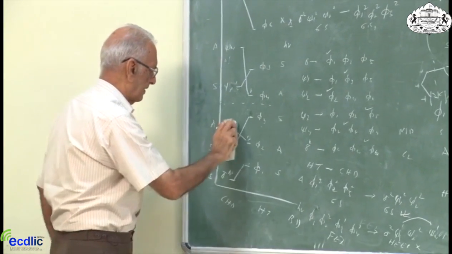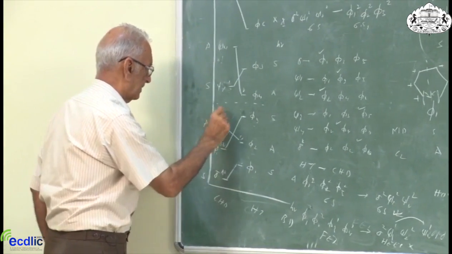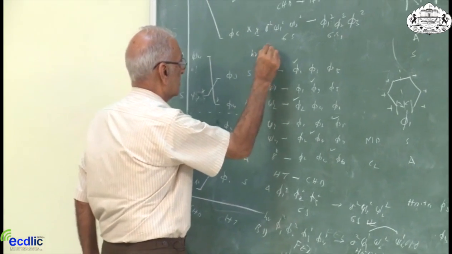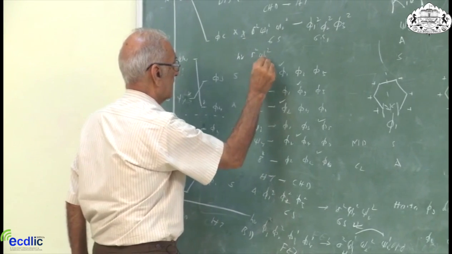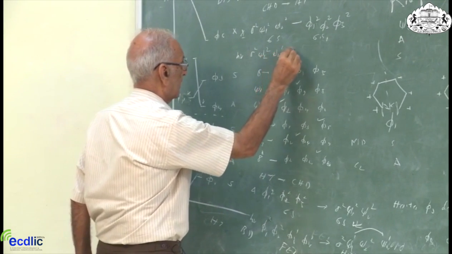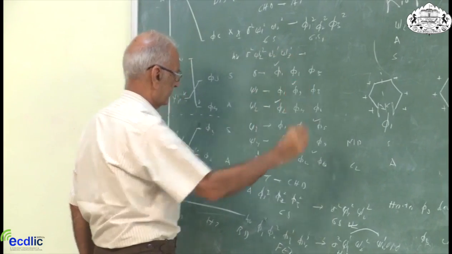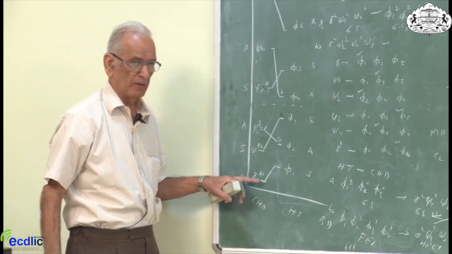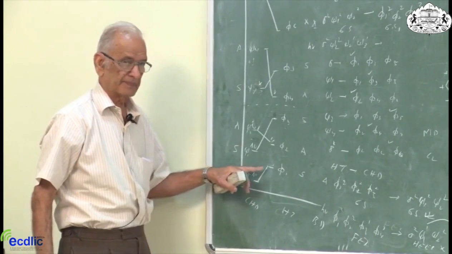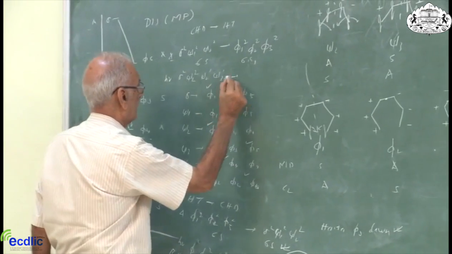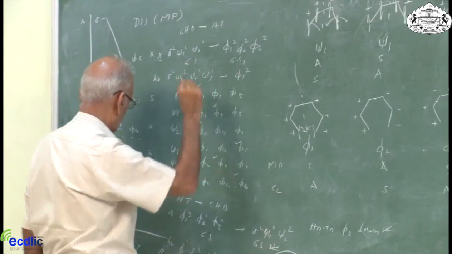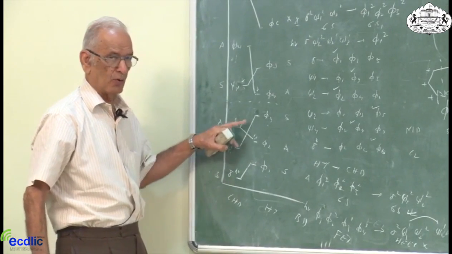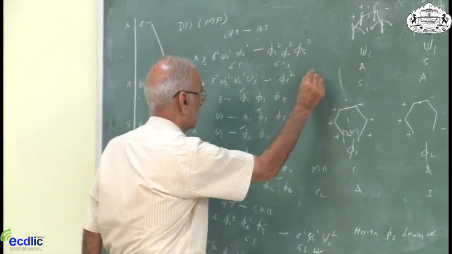When I do photochemical, what will happen? An electron from psi 2 will go into this: sigma 2, psi 1 2, psi 2 1, psi 3 1. Where does sigma go? Don't say only 5, say phi 1, 2 electrons. Psi 1, 2 electrons go into phi 3, 2 electrons.